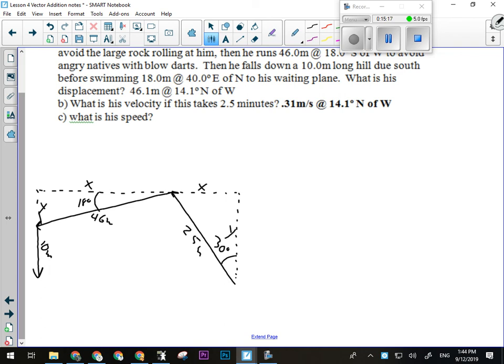So here's my north, 40 degrees east of north for 18 meters would look maybe like that. Okay, and there would be my 18 meters. So his resultant looks something like this.